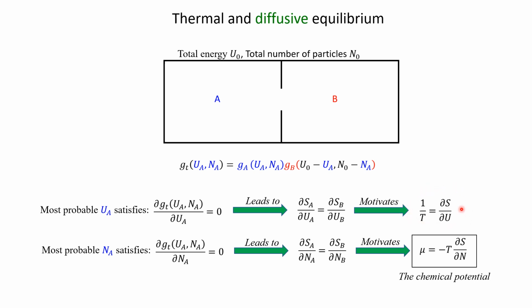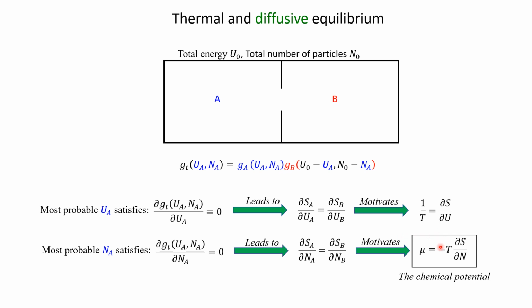The temperature expresses the condition of thermal equilibrium, and the chemical potential expresses the condition of diffusive equilibrium. Temperature must be constant in thermal equilibrium. Chemical potential must be constant in diffusive equilibrium.